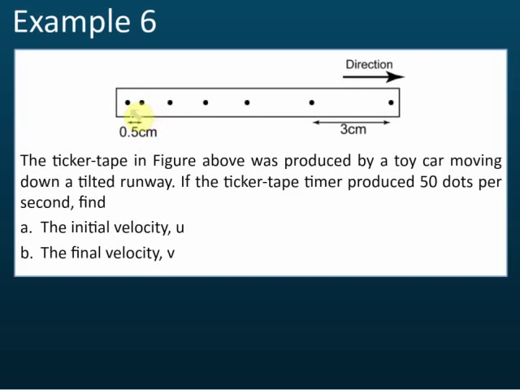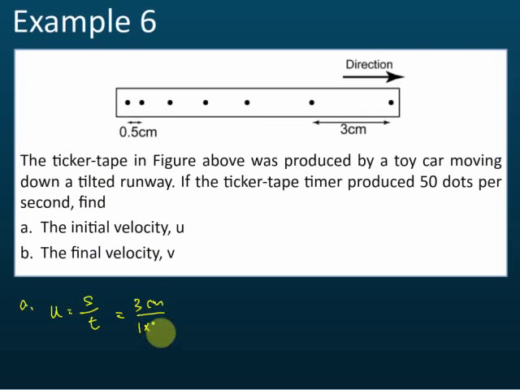So let's find the initial velocity first. Initial velocity u is equal to displacement divided by time. The displacement is 3 cm for the initial movement. We take the first tick, from here to here, 3 cm, and this is only one tick.